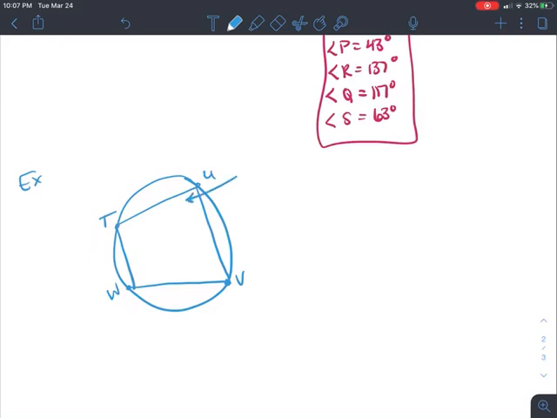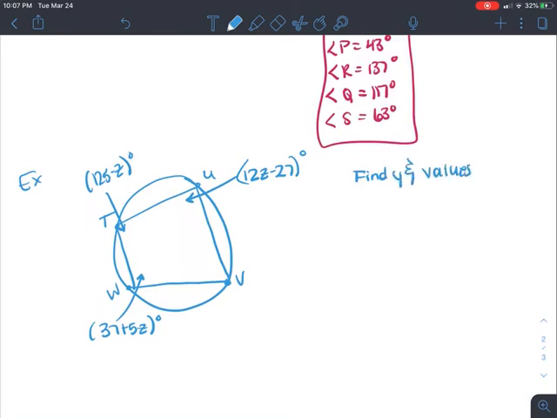They told me that U is equal to 12Z minus 27 degrees. V, they don't give me a value. W is equal to 37 plus 5Z degrees. And T is equal to 125 minus Z degrees. This is the same thing we did the last one. We're going to find Z and the values of the angles.